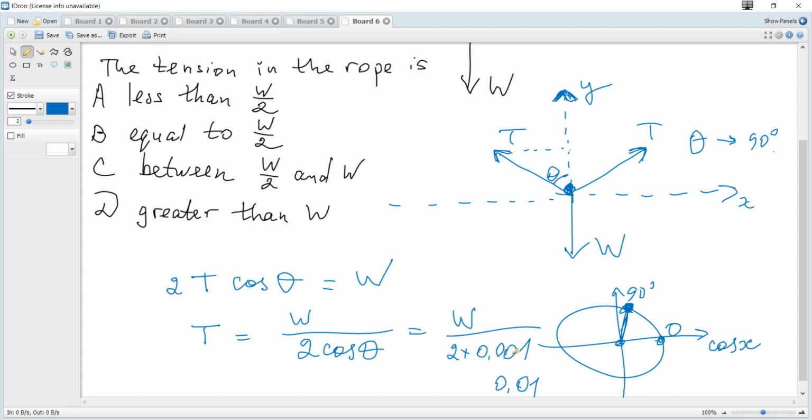And to divide by a very small value, it becomes, for example, 1000 W or something, or 100 times W, or maybe million times W or something like that.